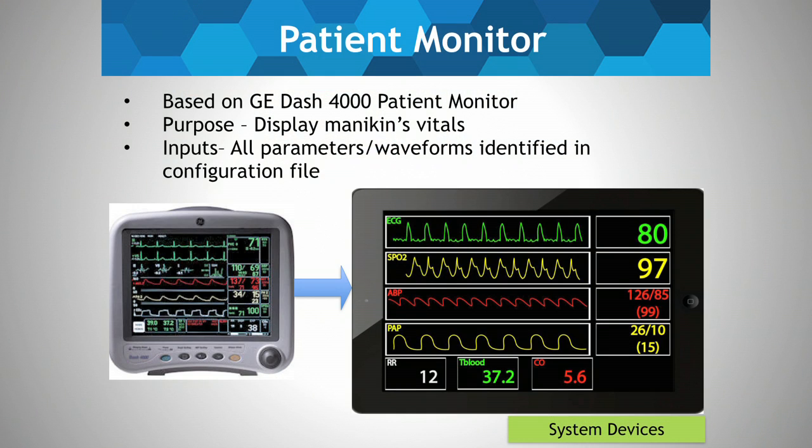The patient monitor being used here is based on a real medical patient monitor with the same functionality, built after the GE-4000 patient monitor, which has a pre-programmed layout. The patient monitor is displayed either as an app on a tablet, on a monitor, or projected on a wall.